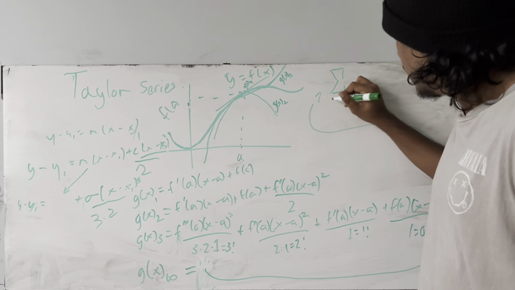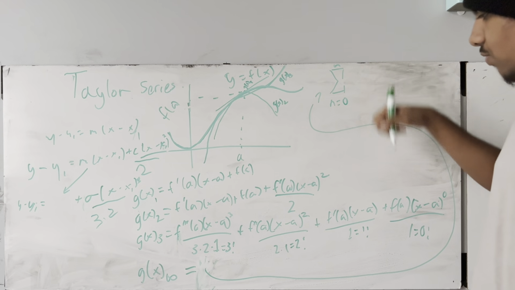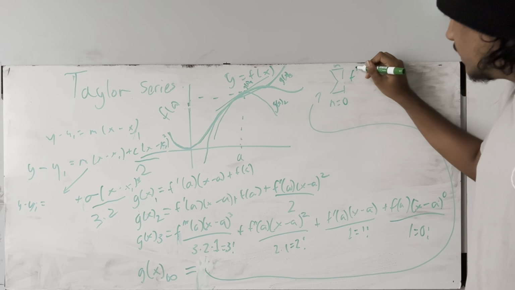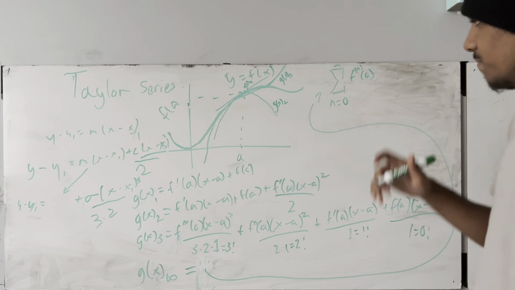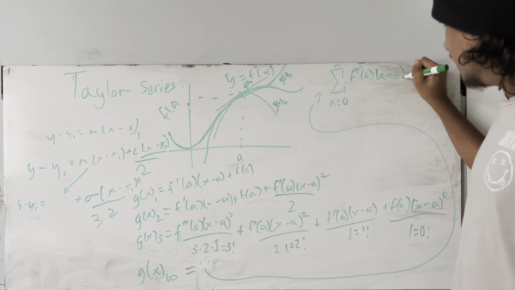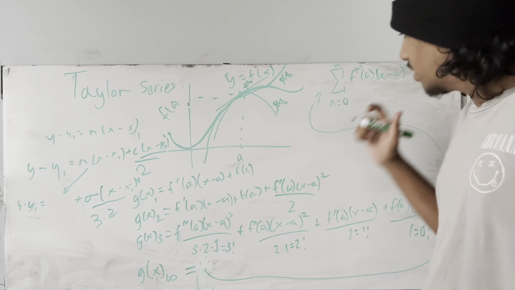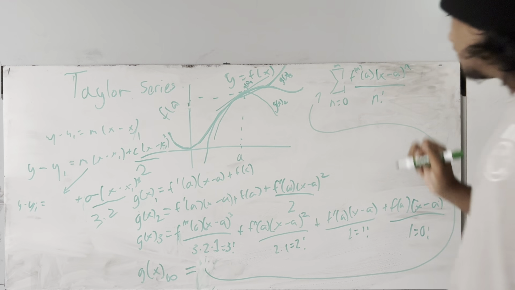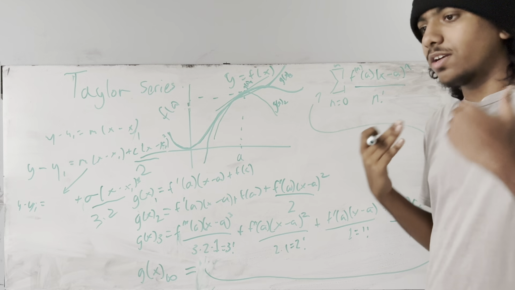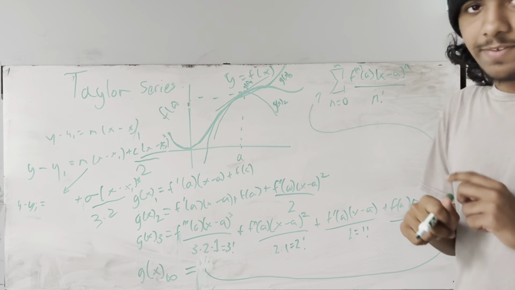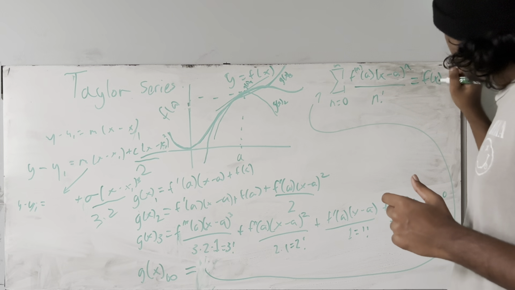So summation n equals 0 to infinity, because remember, this is all whole numbers, of f to the nth derivative of a, because we're taking the nth derivative every time, times x minus a to the nth power, because we're raising it to the nth power every term, and then we're dividing it by n factorial, because when we differentiate n times, we want to get the original function back, so we're going to divide by n factorial. And look, this will equal f of x.